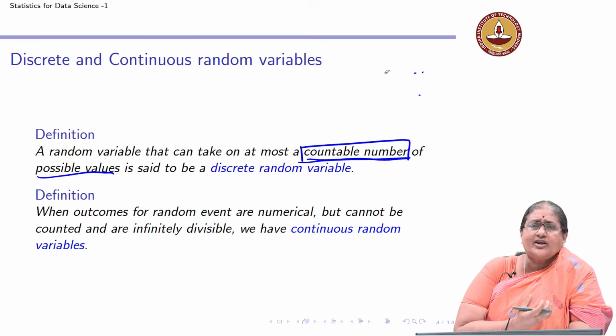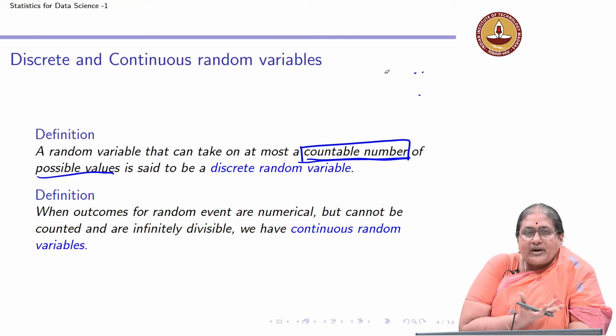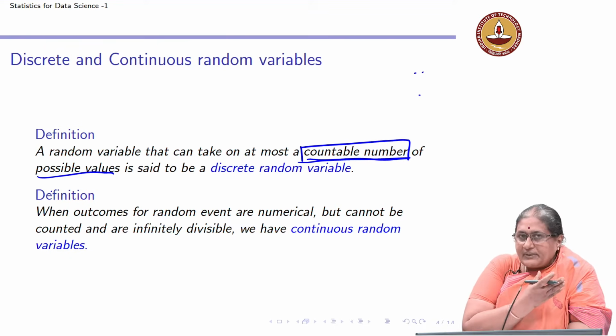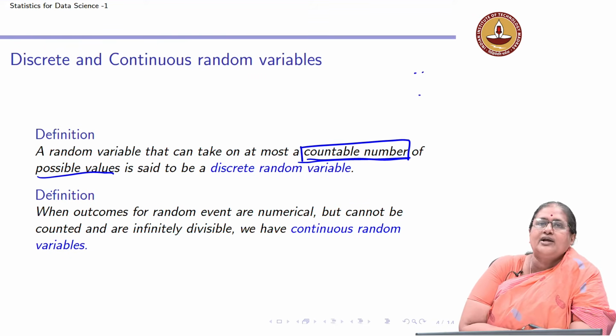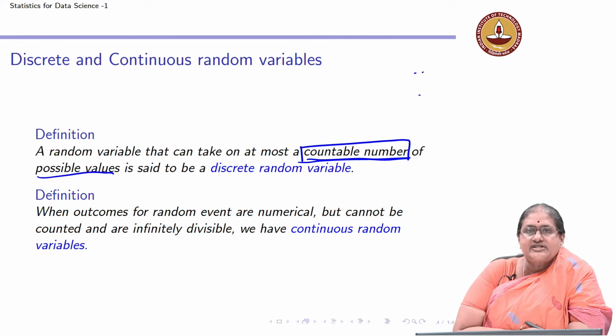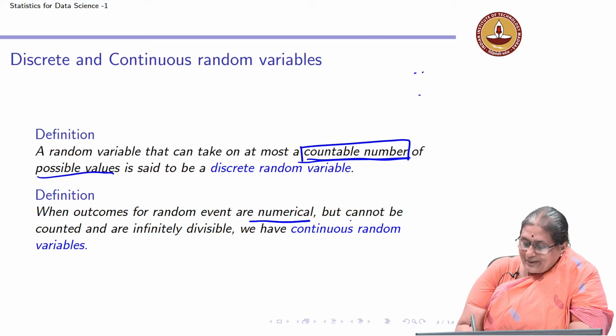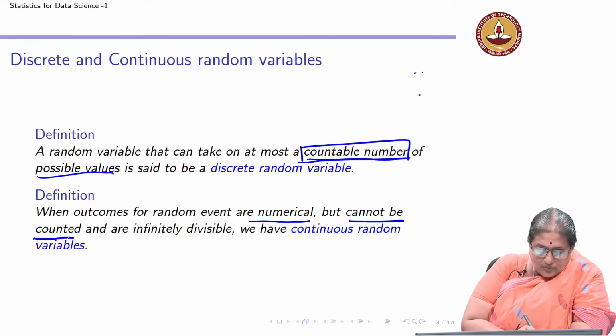So basically when you are looking at discrete random variables, you are counting something. But sometimes I do not have a count, I might want to measure. For example, I will have values taken on an interval rather than at discrete points. In such a case, the outcomes are numerical but cannot be counted.